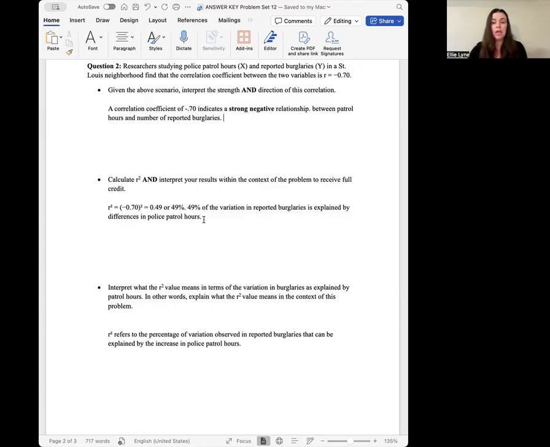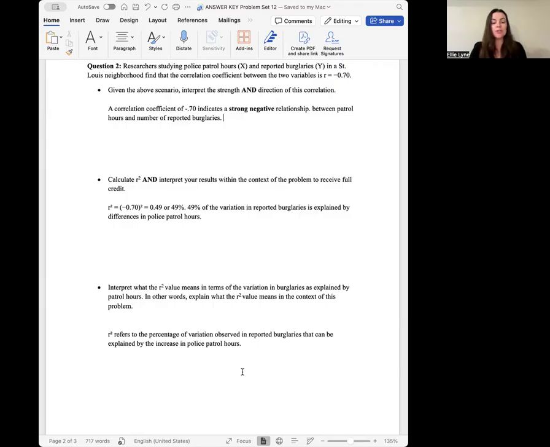Okay? And lastly here, interpret what the R-square value means in terms of the variation in burglaries as explained by patrol hours. In other words, explain what the R-square value means in the context of this problem. So again, more conceptually based here about the relationship between the two variables of X and Y in relationship to one another.